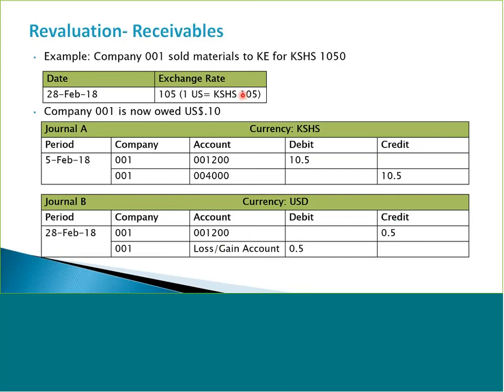So when you do the revaluation, this is the journal that will be produced, this journal B, and it will show that we have credited $50 from the receivables account, and we have debited $50 from the revenue account.